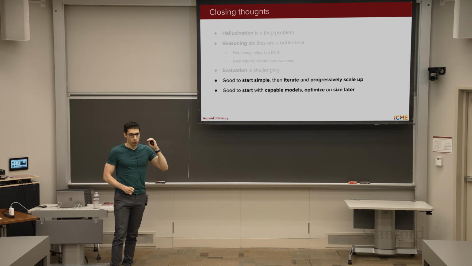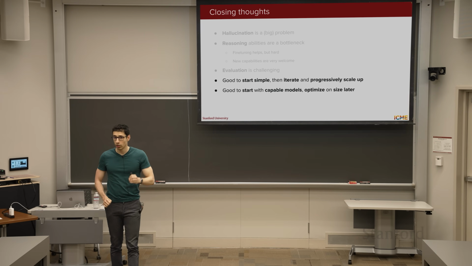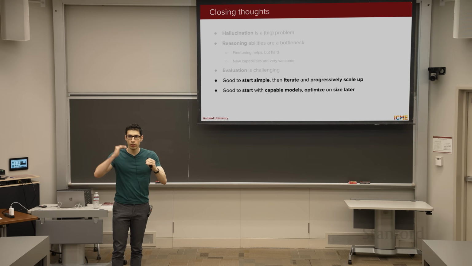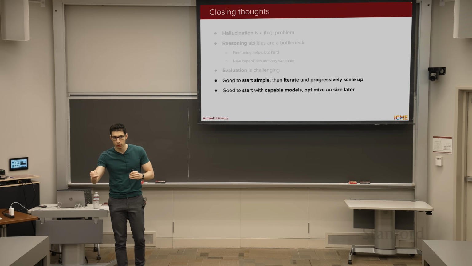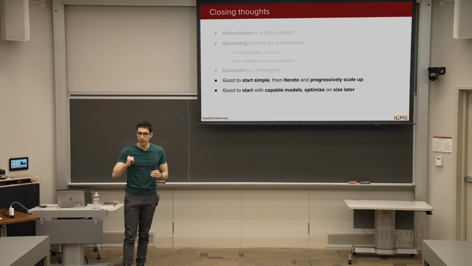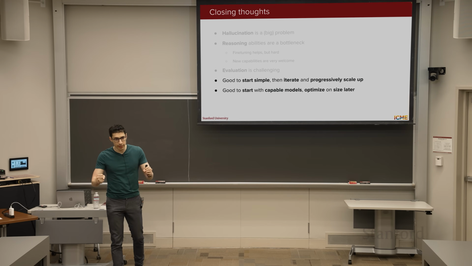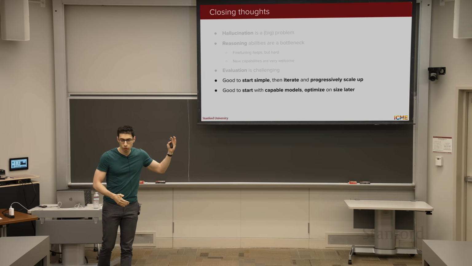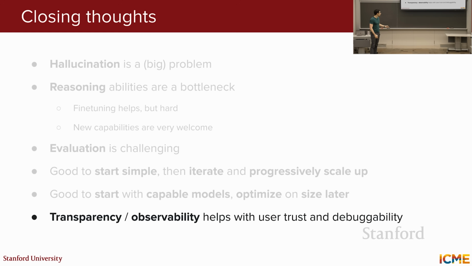Take the most capable model first, so that you know the headroom of where you can go with the current models, and then try to gain on latency and so on. So start correct, start small, and then you can optimize later. And when it comes to debuggability, these LLMs output chains of reasoning, so it's always good to look at them to see what is going wrong.